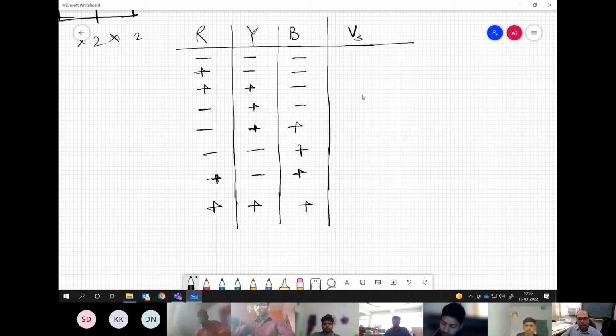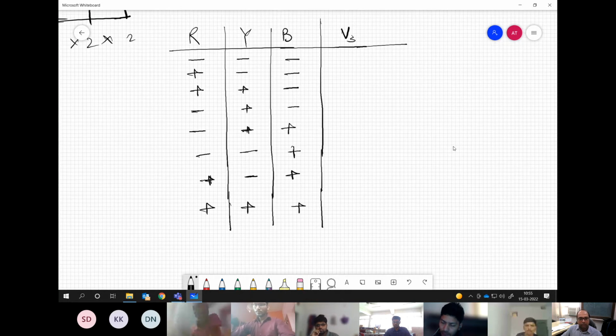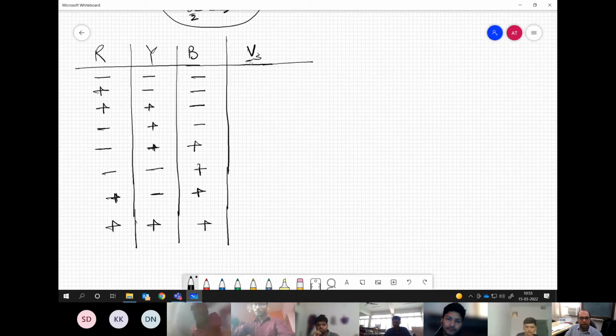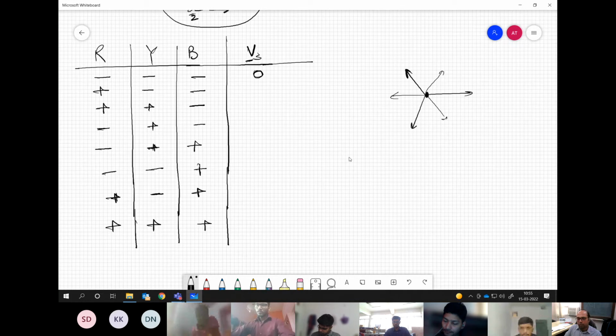Now we are trying to get our voltage vectors realized out of these states. What will happen if all three are connected to minus, minus, minus? The voltages are along the negative axis and the combination goes to 0, so this gives a zero voltage vector at the output.